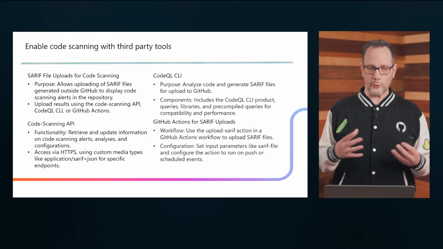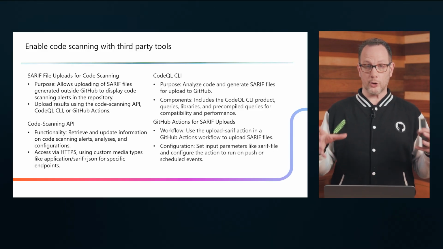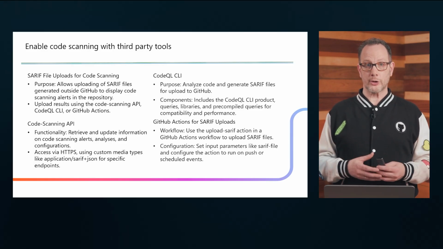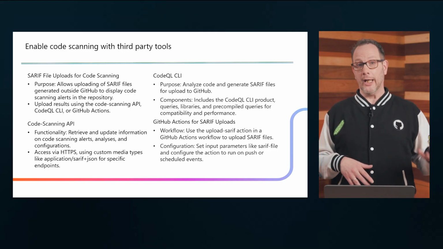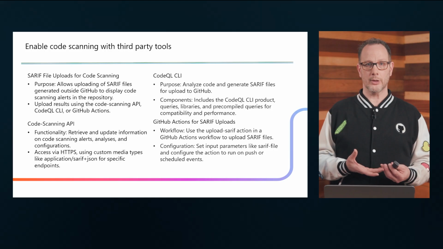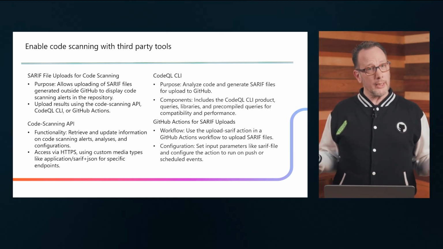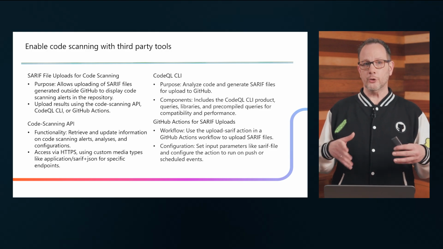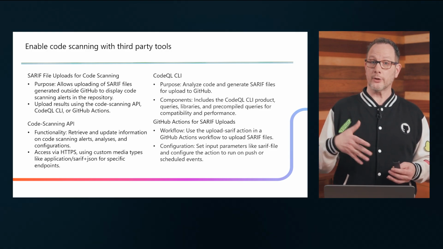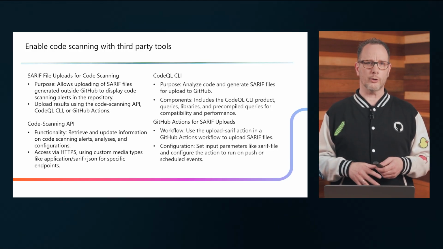This is extremely useful if your organization already relies on commercial or open source static analysis tools and you want a centralized location to review and manage results. This capability is especially valuable in enterprise environments that use multiple scanning tools and want to unify the security workflows under one single platform.